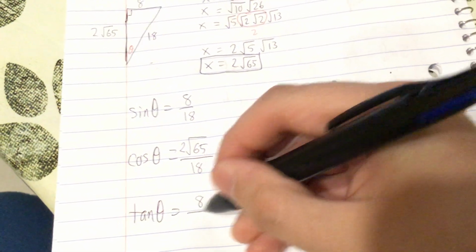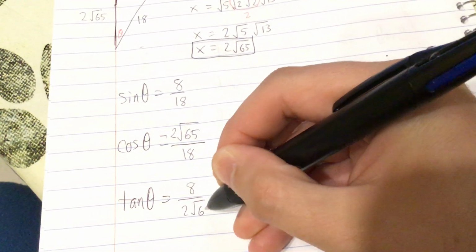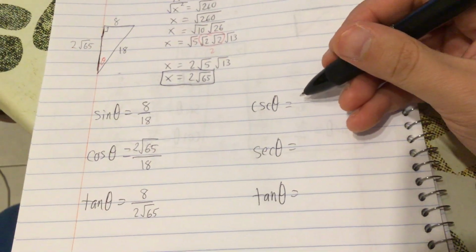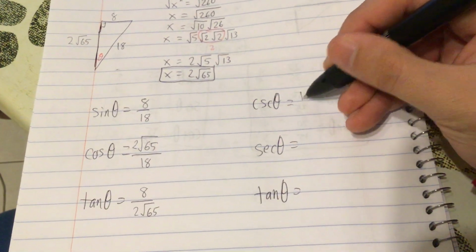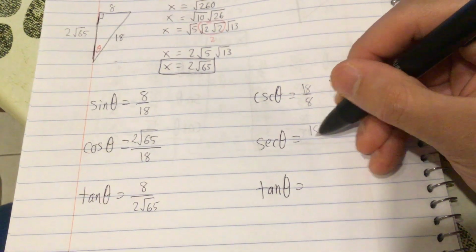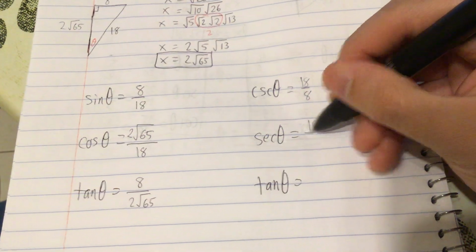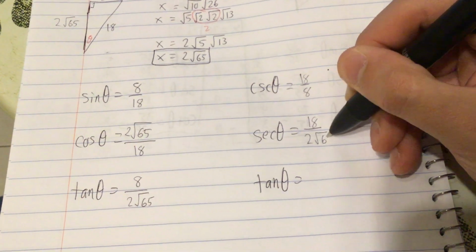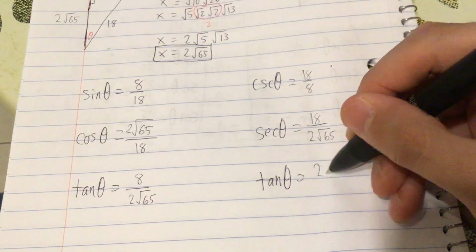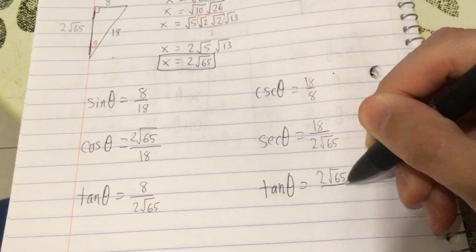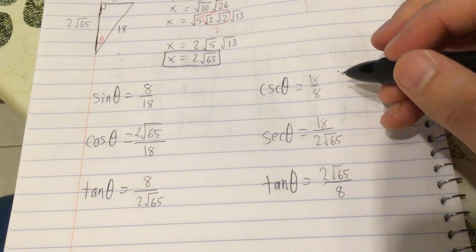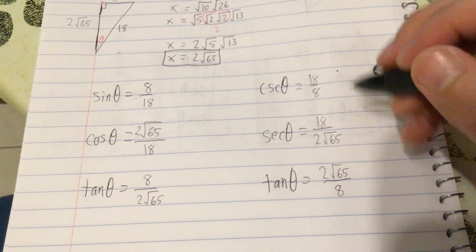All right, let's do the trig reciprocals. 18 over 8. 18 over 2 radical 65. And 2 radical 65 over 8.